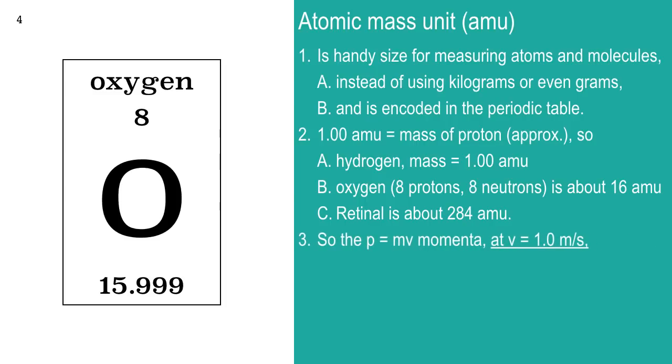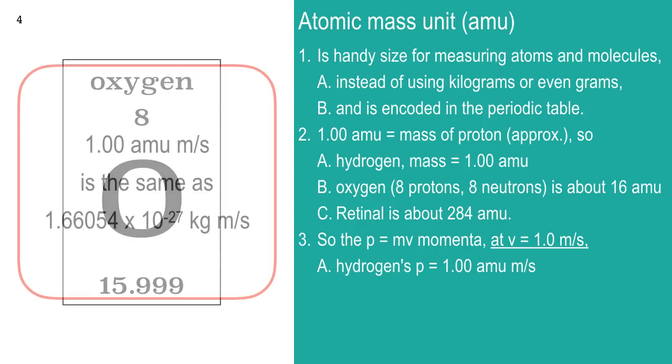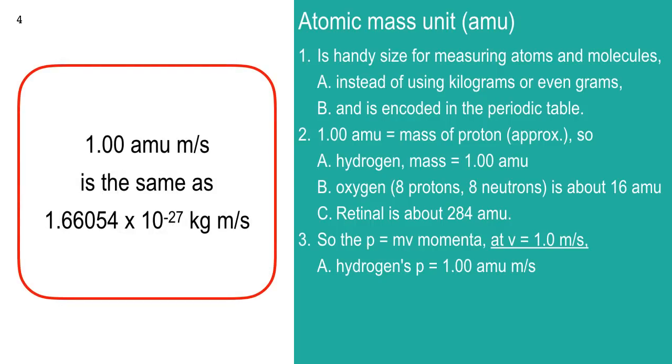All right, so for instance, if you have an object, an atom or a molecule, moving at 1.0 meters per second, then you just multiply that by how many AMUs. For hydrogen moving at 1.0 meter per second, its momentum would be 1.00 AMU meter per second. You could state it in kilogram meters per second.